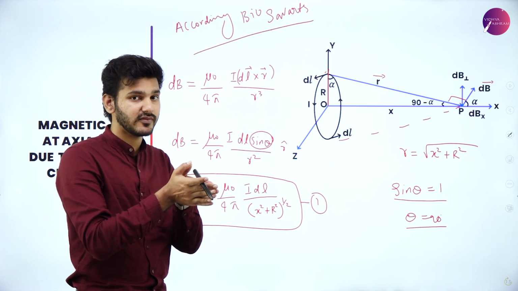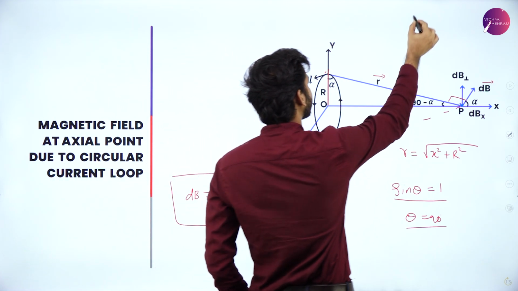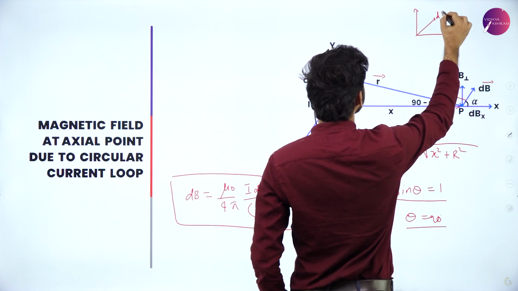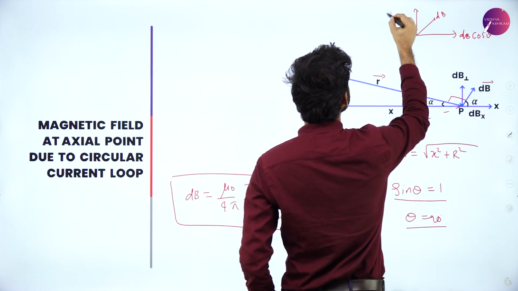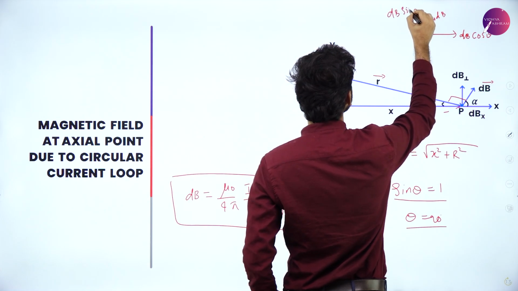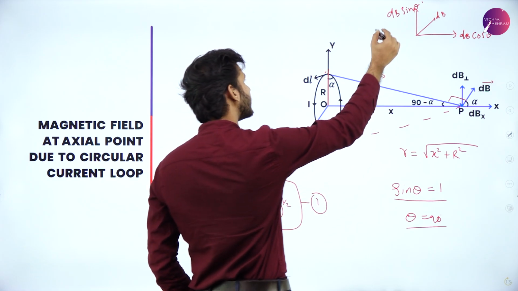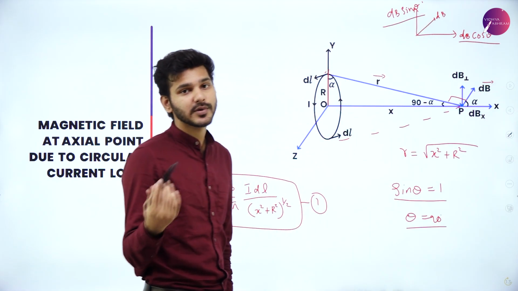When we resolve this vector, we will get dB cos theta and dB sin theta. So we will get two components. The perpendicular component will be dB sin theta and the horizontal component will be dB cos theta.